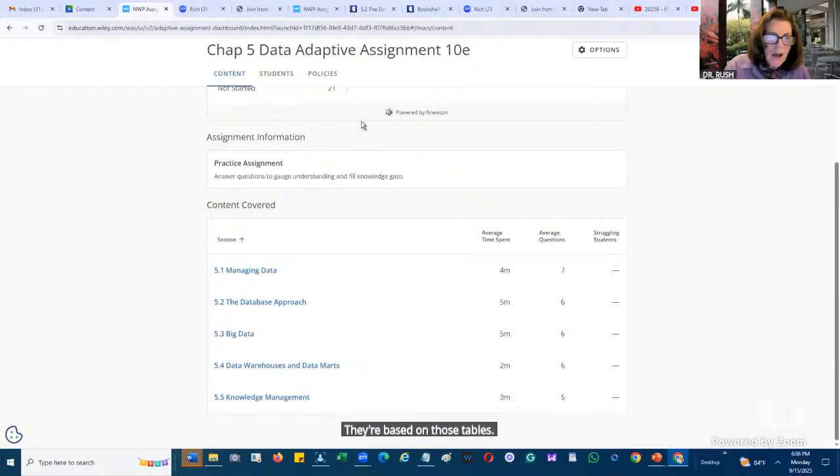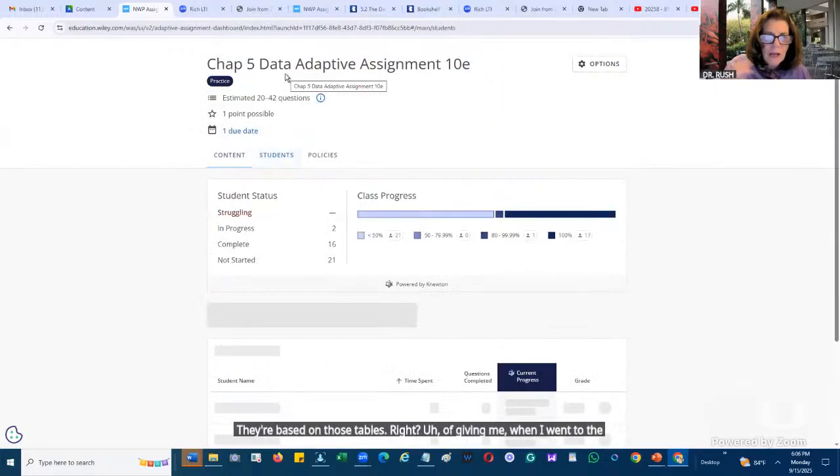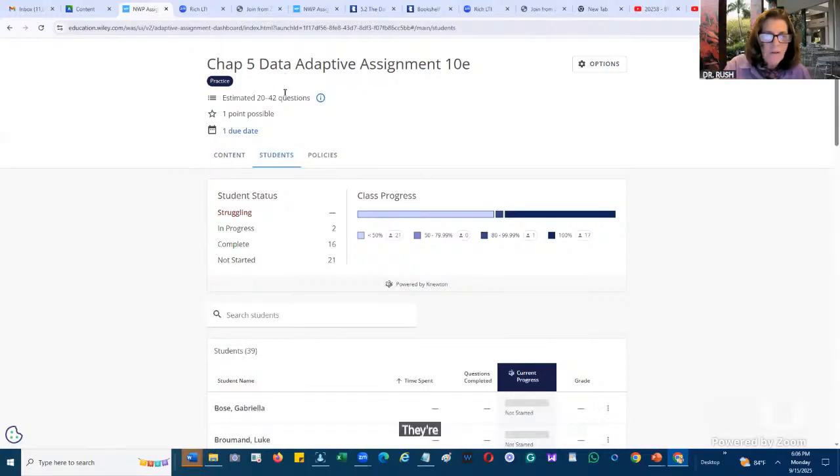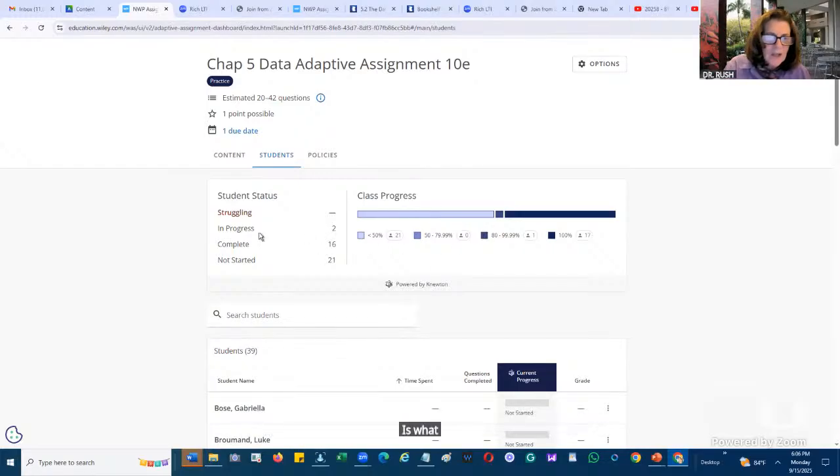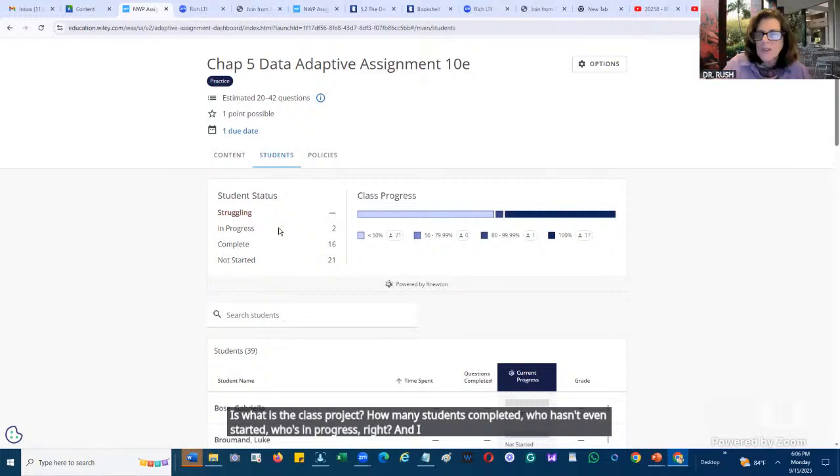They give me the overall class progress: how many students completed, who hasn't even started, who's in progress, and I can search and get help.